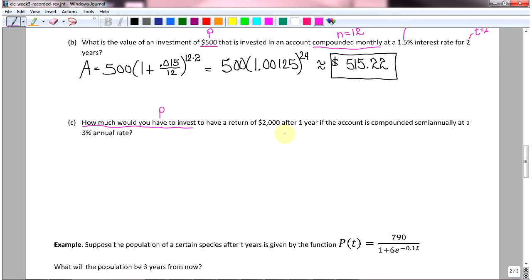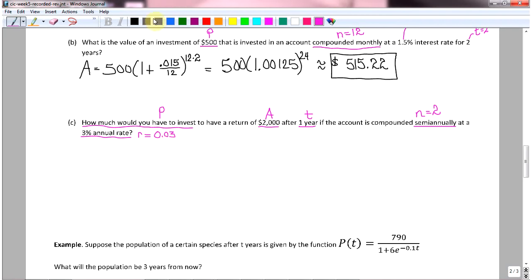To have a return of $2,000, so that's going to be A, the amount in the account, after 1 year, that's T. If the account is compounded semi-annually, so what is N equal to if it's compounded semi-annually? That's going to be twice, so N is 2, at a 3% annual interest rate. So that means R is equal to 0.03.